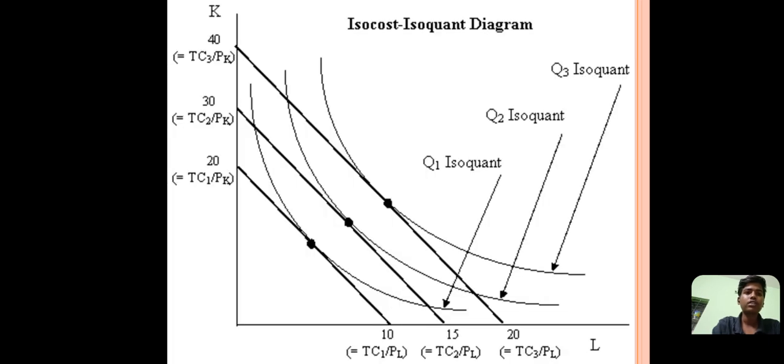This is the figure explaining the isocost isoquant diagram. As we can see, Q1 isoquant, Q2 isoquant, Q3 isoquant.